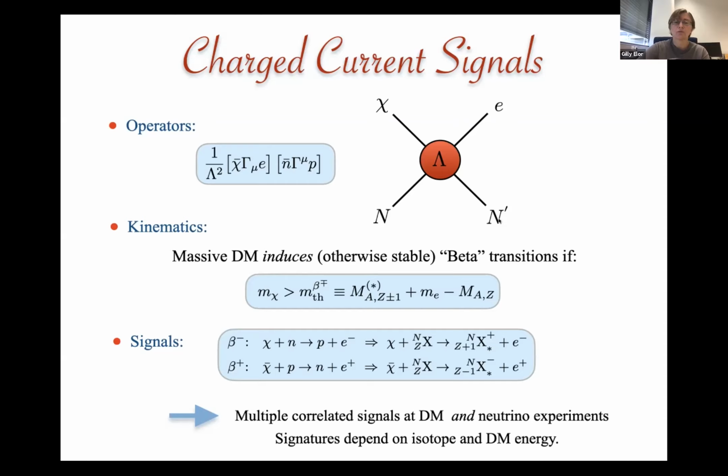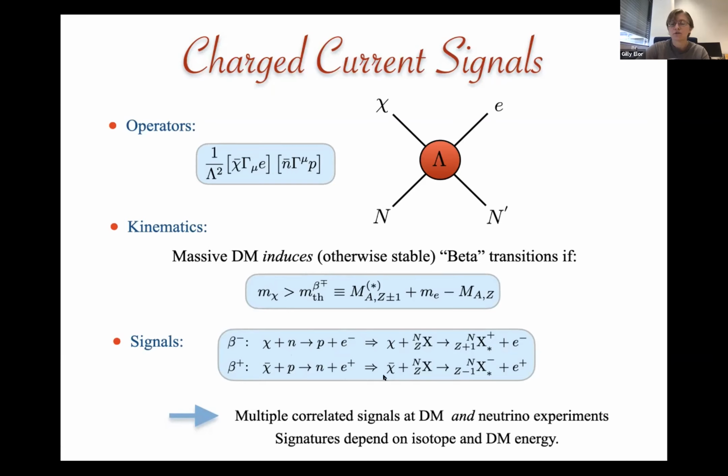So really what this process does is it induces beta transitions. Normally, these target materials are very stable, but because this dark matter can impart its rest energy onto the target material, as long as you have heavy enough dark matter, you can have beta-type transitions, either emitting an electron or a positron and changing the atomic number of the nucleus.